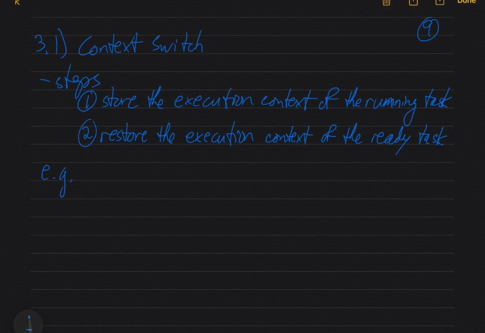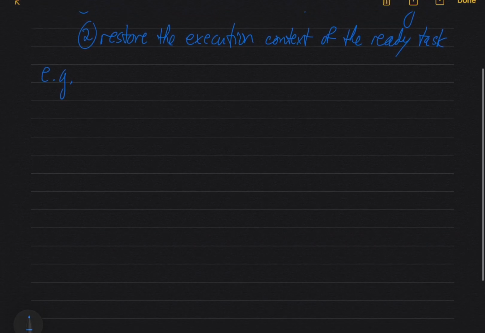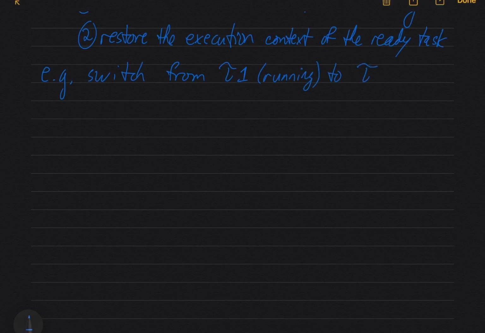So we're going to look at this with the diagram. We're going to switch from tau1 or task 1, which is running, to tau2 or task 2, which is in the ready state. So here is tau1's stack, and here is tau2's stack.